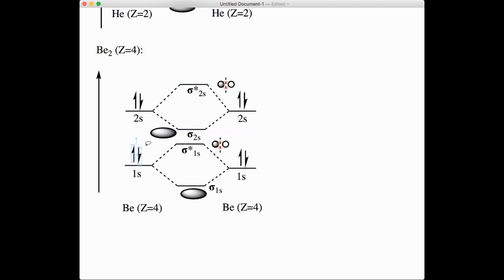I'm going to start from bottom to top. So I place 2 electrons here, and then I'm going to place 2 here. That's 4. I'm going to place 2 here. That's 6. And then I'll place another 2 here for a total of 8. And that's it.